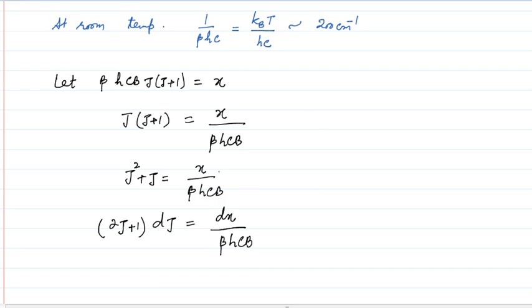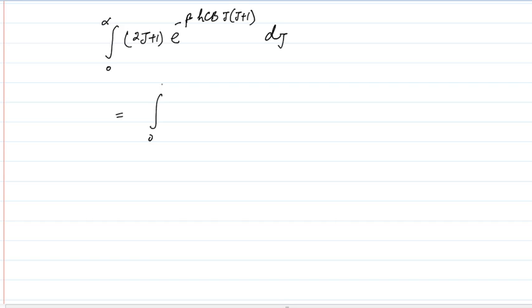And then if you want to solve the integral, that means this integral 0 to infinity 2j plus 1 e raised power minus beta hcB j into j plus 1 dj, we will simply introduce these substituted values here, so it can be simply written as 0 to infinity e raised power minus x dx upon beta hcB.